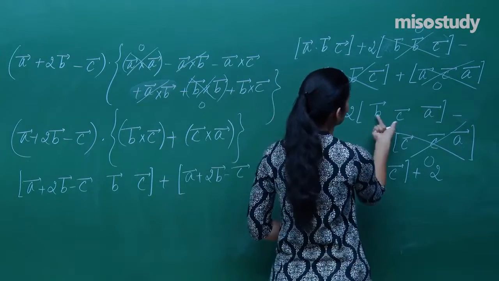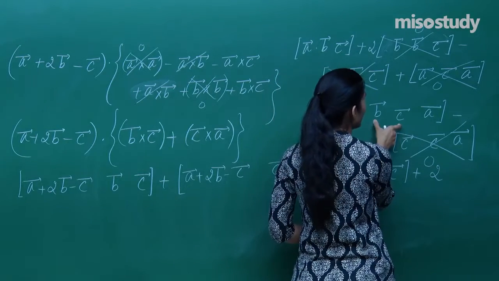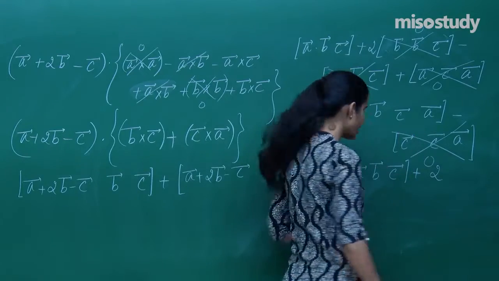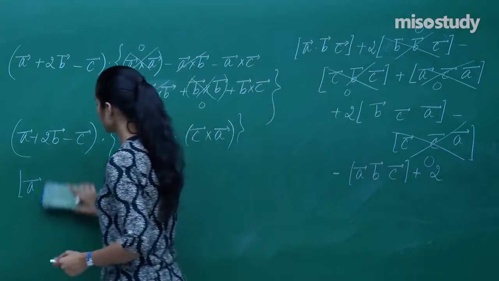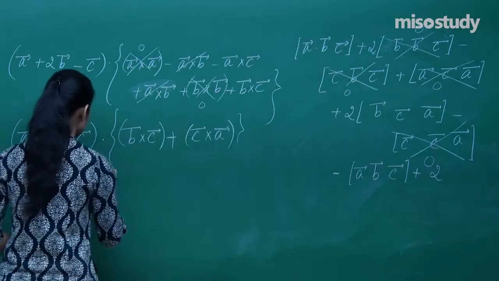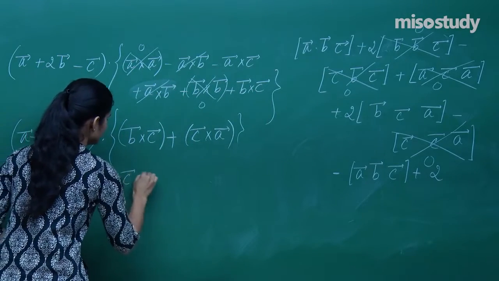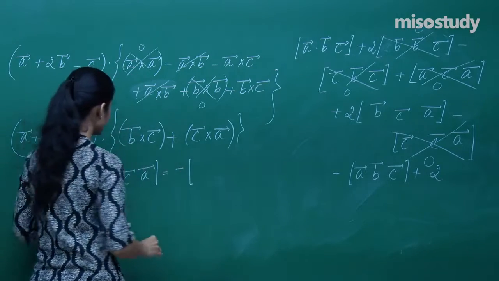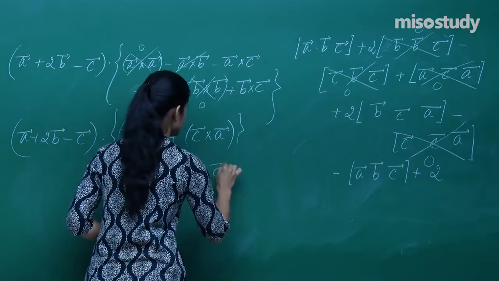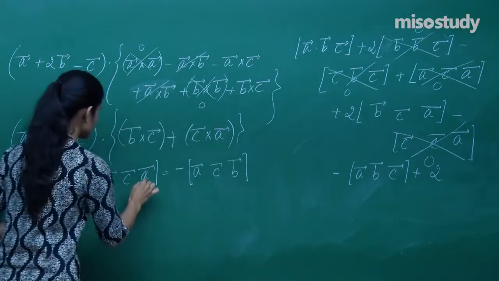BCA can be written as, you can swap these two and then swap the rest of the two. What I'm trying to say is, over here, BCA scalar triple product is the same as minus of A, C, B. Just swap these two.